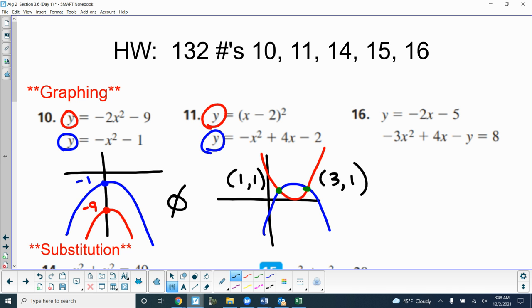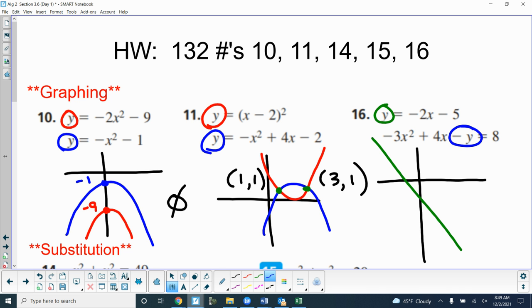We'll just do 16 real quick also. The line, we'll make that the red one. Oh, I guess I made it green. The green one looks like this. And then the parabola, we'll make it the blue one.